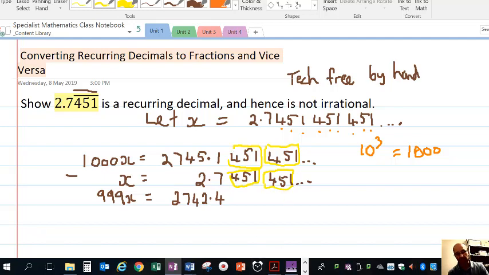Basically it eliminates the recurring part. Yay, that actually gives us some progress. So 999x is 2742.4. Now, think integer. 999 is an integer, but 2742.4 is not yet an integer, so let's multiply by 10 on both sides.